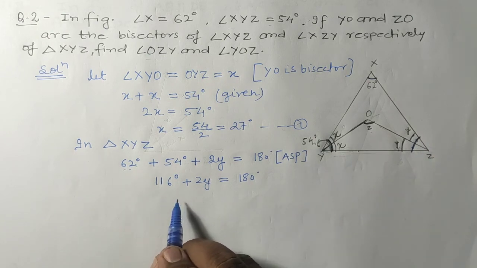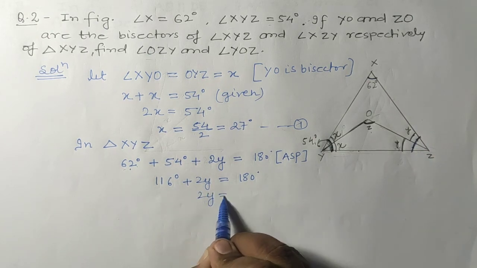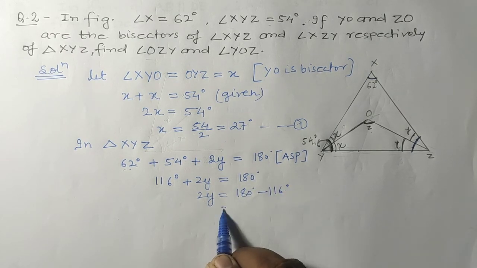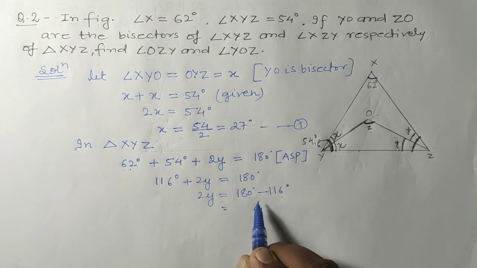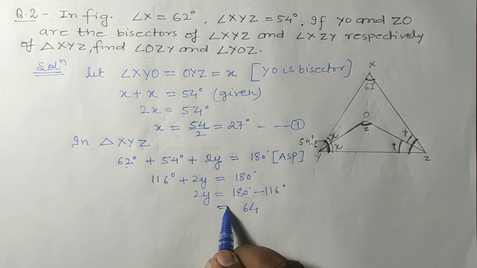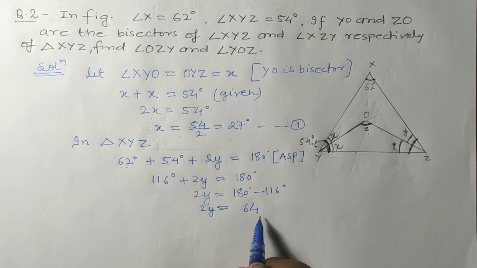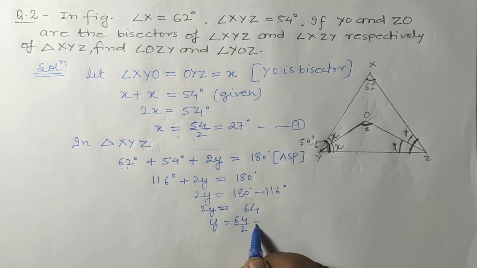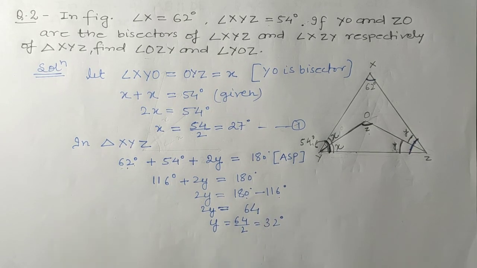Now students, what will be the value of y? 180 degrees minus 116 degrees. So 10 minus 6 is 4, 7 minus 1 is 6. So basically 2y is equal to 64 degrees. Then y will be 64 divided by 2, that is 32 degrees.